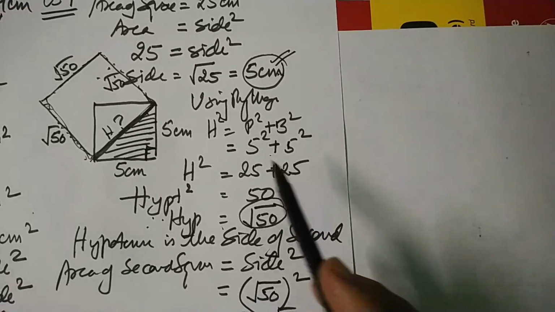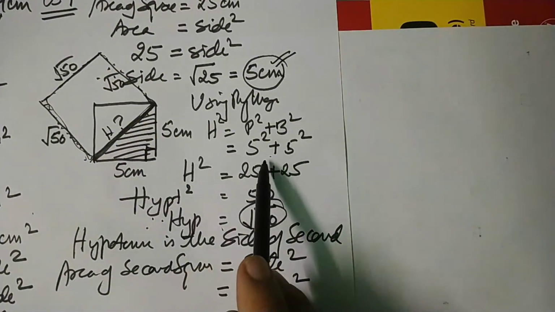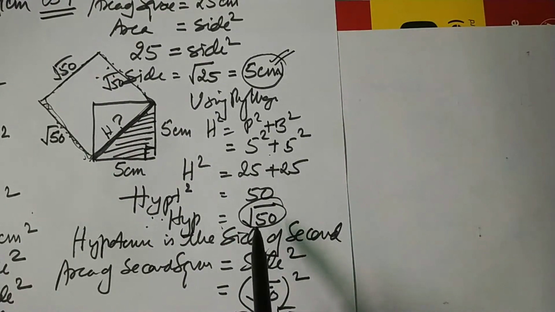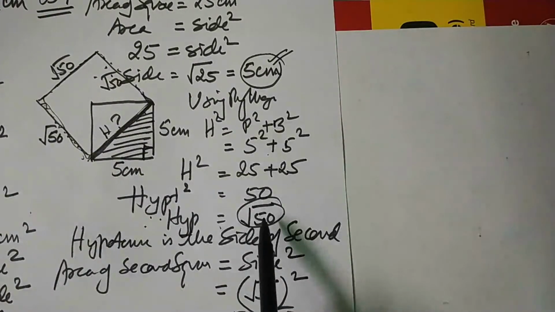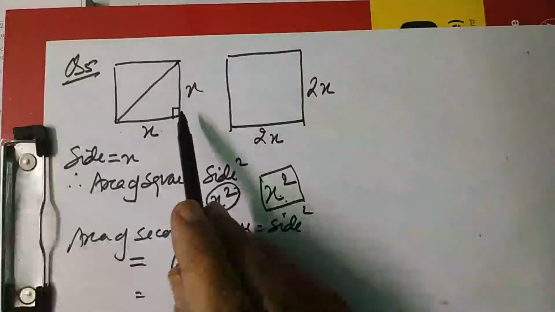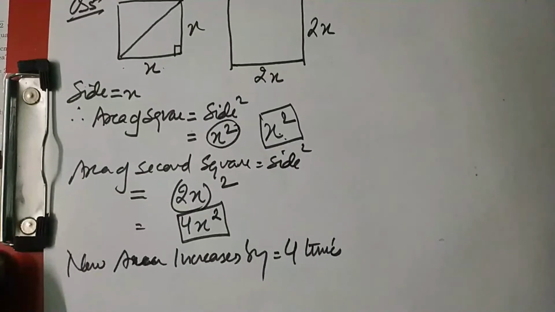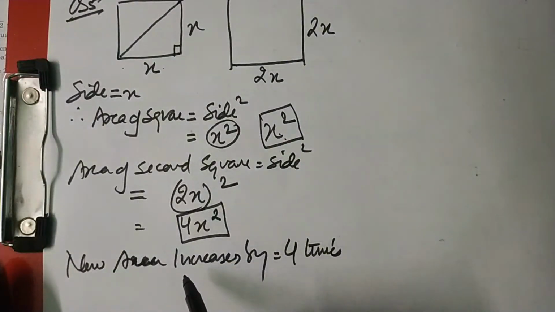It will become just like we did just now. Square of 5 is 25, plus 25 is 50, and then you have to take the under root. So it will become under root of 50. So here it will become under root of x squared plus x squared, which is 2x squared. Under root of 2x squared you will take.